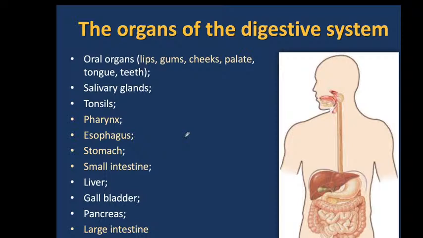The length of the gastrointestinal tract is variable. Usually it is about 5 to 7 meters in a living person, of course.